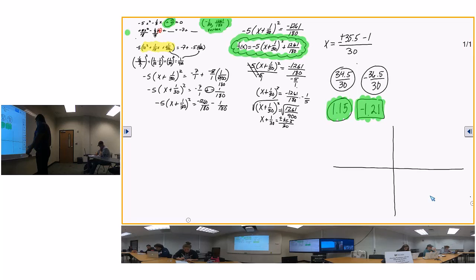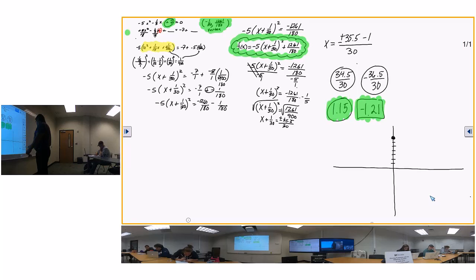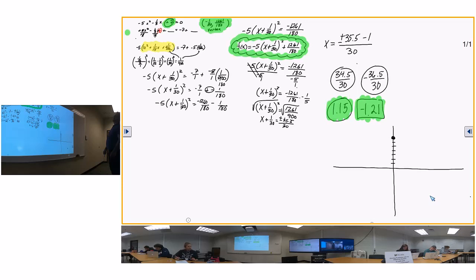0, 7. 1, 2, 3, 4, 5, 6, 7. And let's see. Negative 1 over 30 is a small negative decimal. So 1 over 30, do you have to really worry about where 1 over 30 is? No. It's very, very, very small.